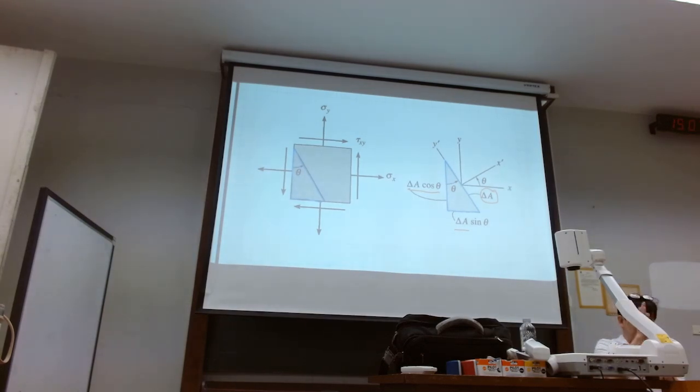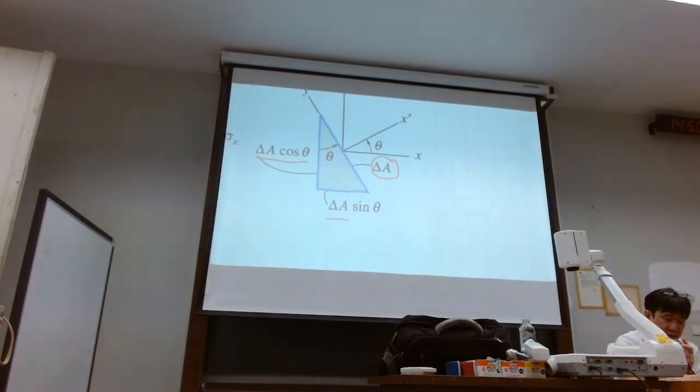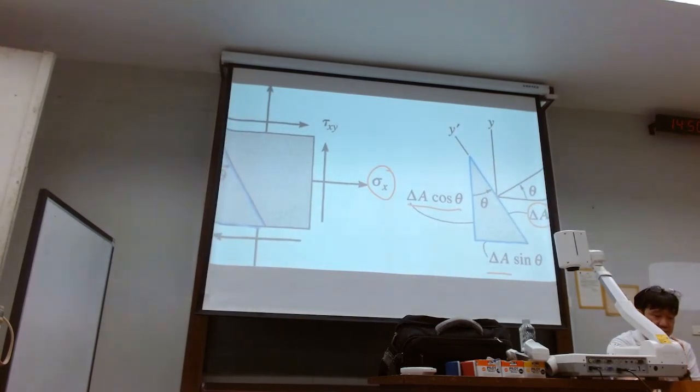Don't worry about the mathematics. I want you to understand the concepts. So again, we start with the square and we cut the triangle from the square. And once we cut that, originally, if we have this stress, the stress over here is still going to be on this side.